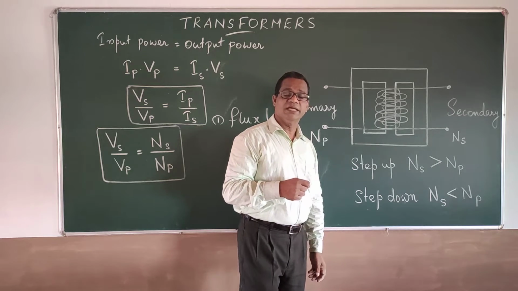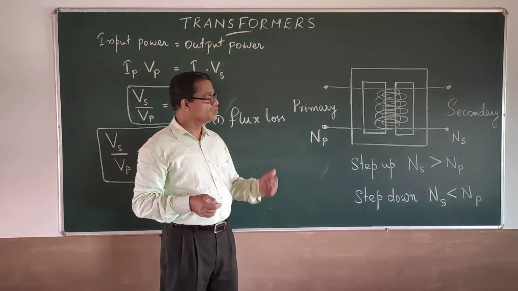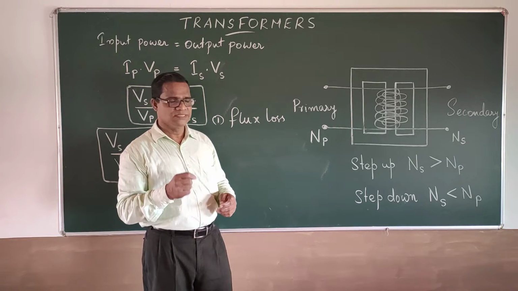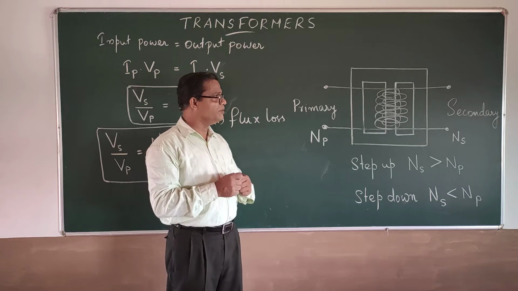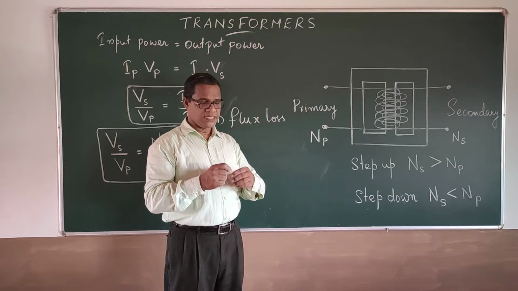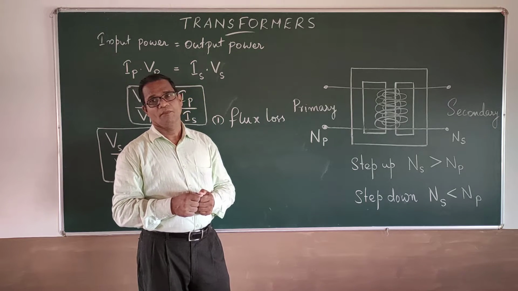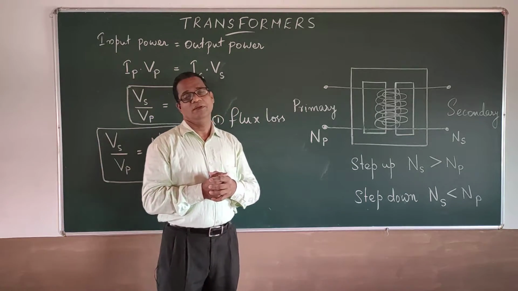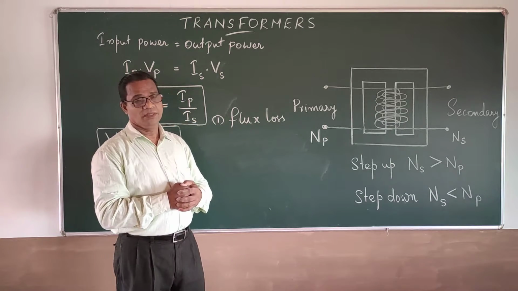Due to that flux leakage, there is loss of power. That is called flux loss or flux leakage. This can be contained by winding the primary and the secondary one over the other tightly, without any air gap, so we can minimize the flux leakage.